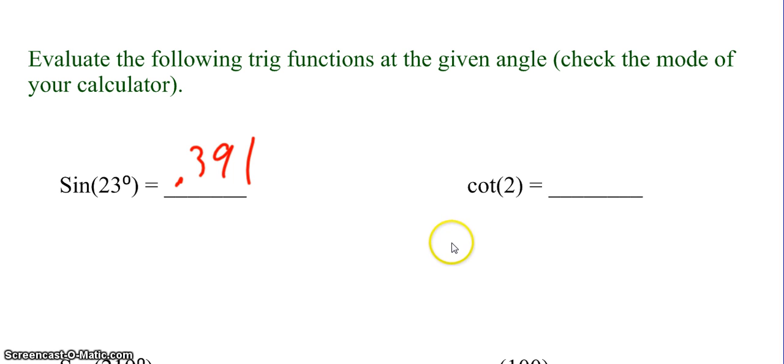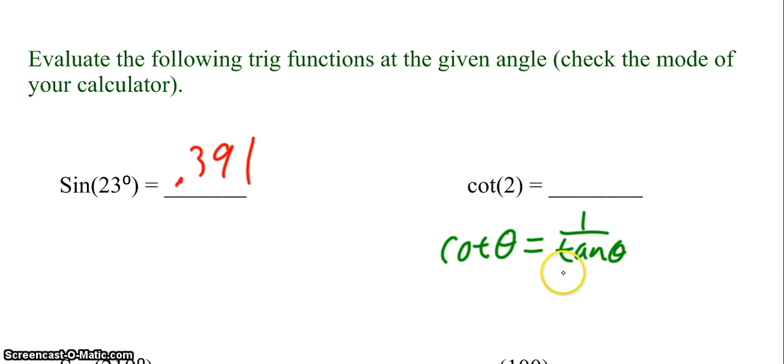Well, I know cotangent of theta is 1 over tangent of theta. So in my calculator, cotangent of 2 is 1 over tangent of 2.